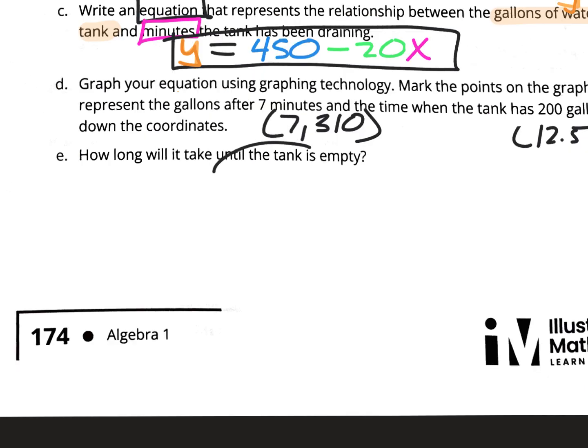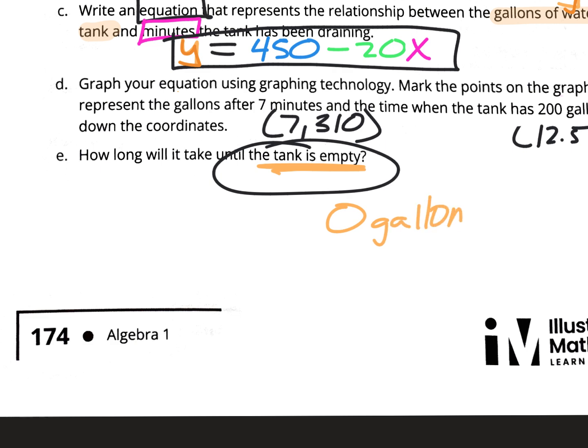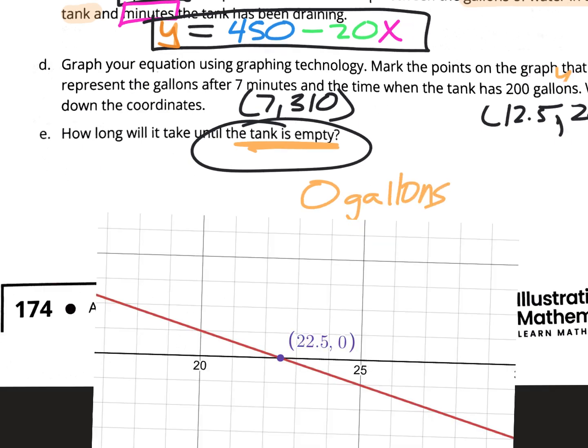Finally, it asks, how long will it take until the tank is empty? So when it's empty, that means that there will be 0 gallons in the tank. So on the graph, that means that your y value is going to be 0 because it's completely empty.